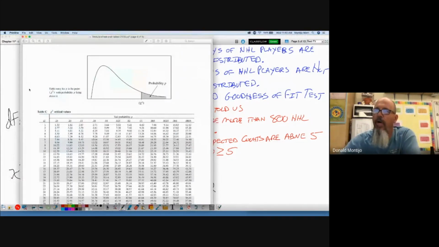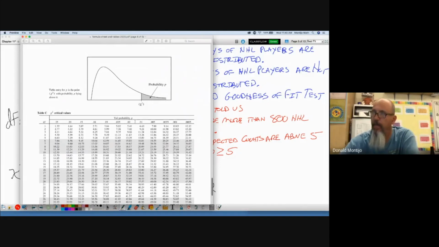So we come across here at 3 degrees of freedom. And we go across till we trap 11.2. Oh, 11.2 is in between 9.84 and 11.34. So my p-value is between 0.01 and 0.02.